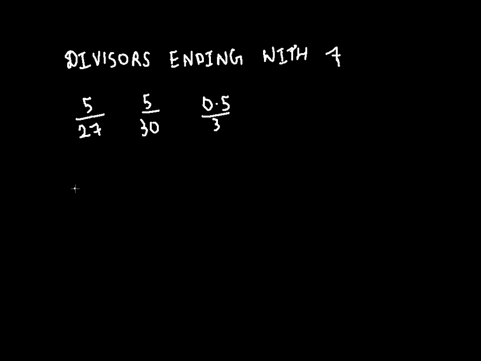Come on, let's carry out step by step division as follows. Five by 3, that is 0.1, 2. Okay, now 21 is not our final dividend.